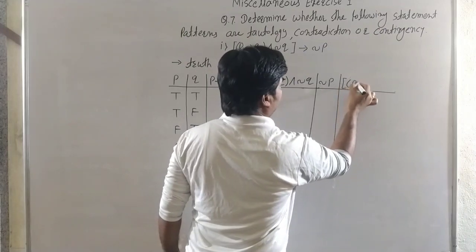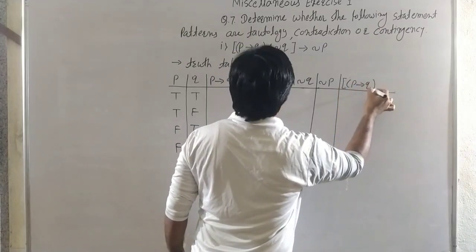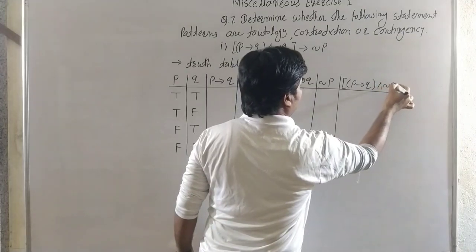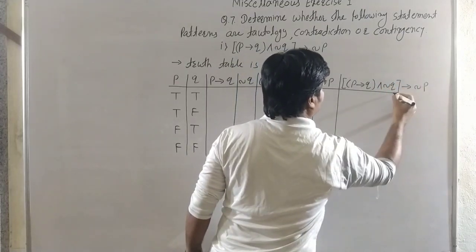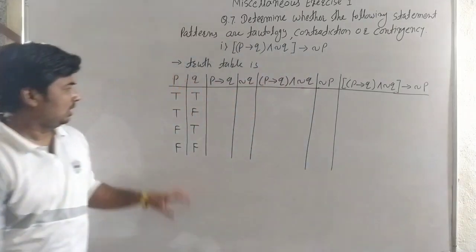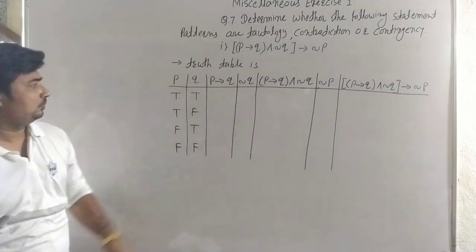Here it is P implies Q and negation Q implies negation P. Okay, now first construct the truth table.